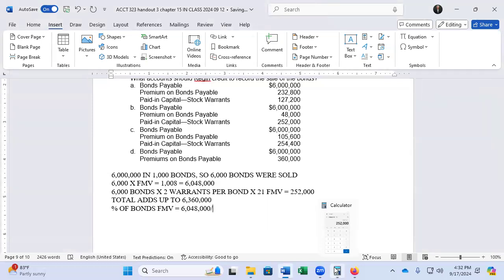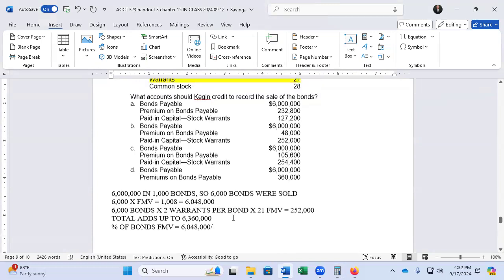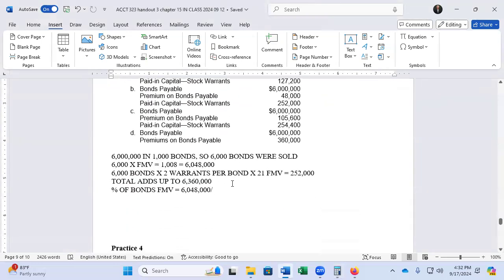Did you get 6 million? No, you're right, 6,300,000. Fair market value. And so we have the fair market value of the bonds, 6,300,000. Thank you for correcting me on that.